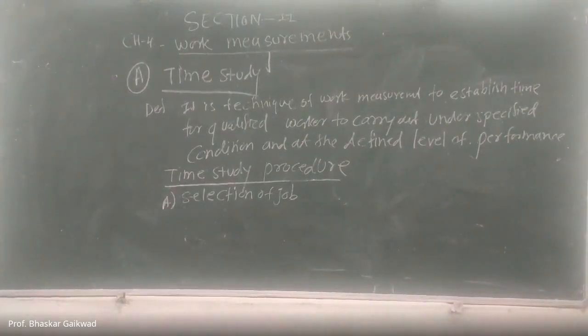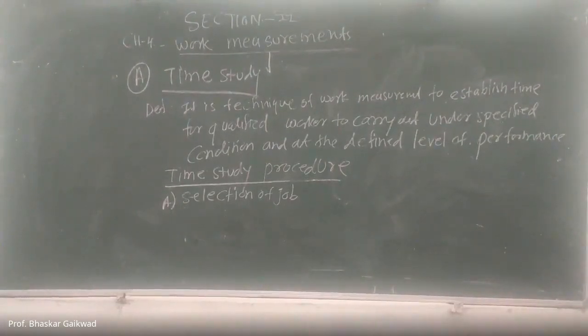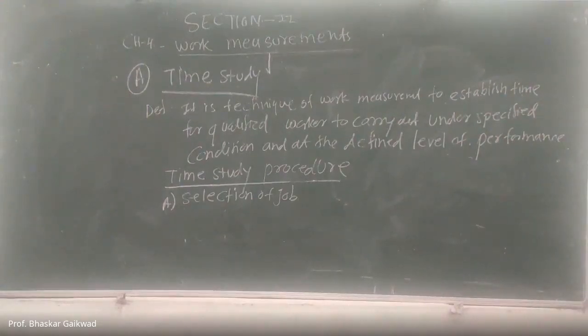A job having repetitive work and a big cycle time is there, so there is scope to reduce the time. And whenever we require overtime to complete the job, in such areas we have to select a job for time study.